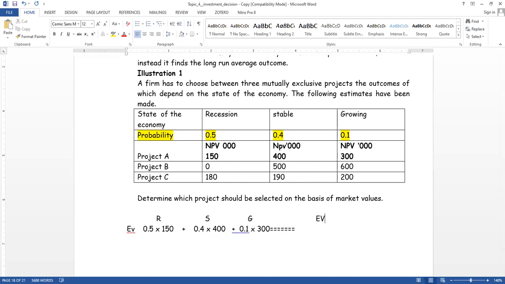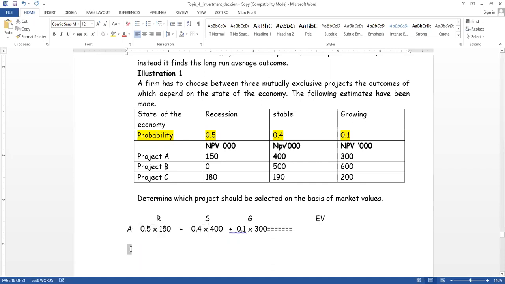So I get the EV. Remember, this is project A.